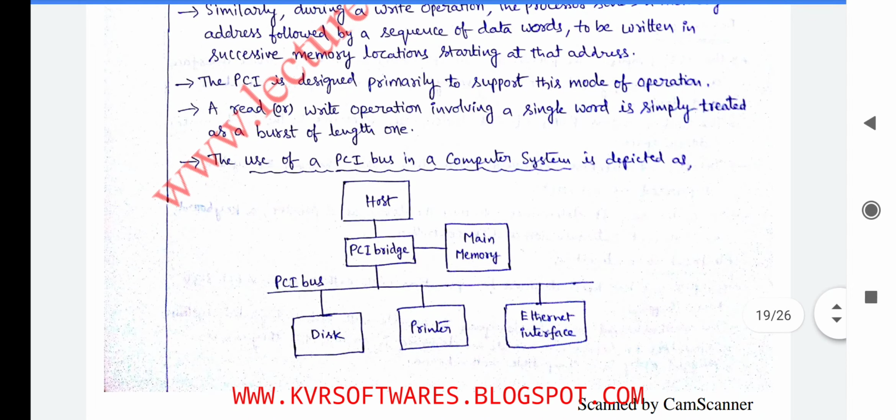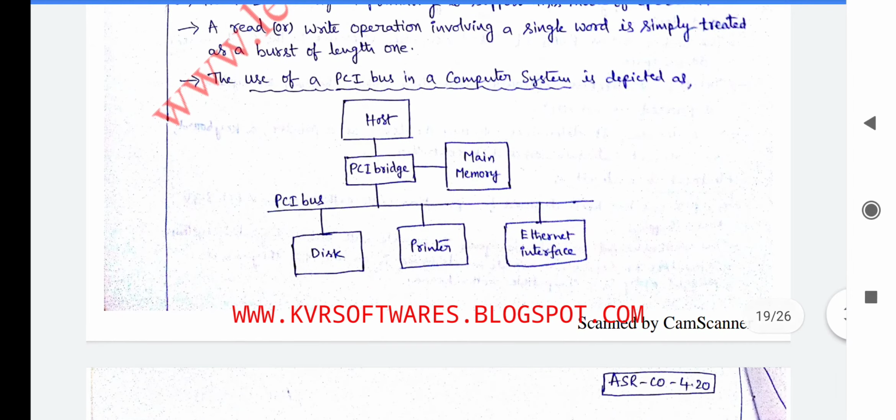The use of a PCI bus in a computer system looks like this. This straight line is the PCI bus, which is connected with a disk, printer, Ethernet interface, main memory, and PCI bridge, and it connects a host.